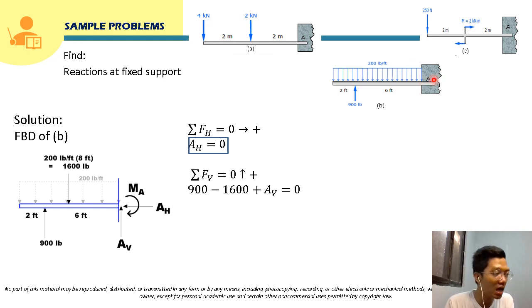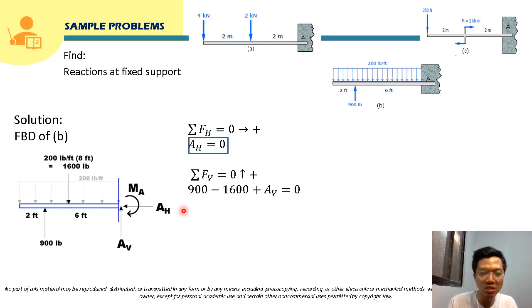Okay, 8 feet the length of this rectangular load. So that will just be 200 times 8 feet. That will be 1,600 pounds. And it will be applied at the mid-span or at the center of this uniformly distributed load. And it will be 4 feet. Right? It will be 4 feet from both sides. It will be 4 feet from here and 4 feet from here. Okay, so I just forgot to mention that.